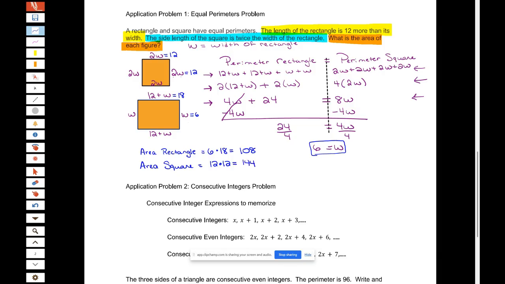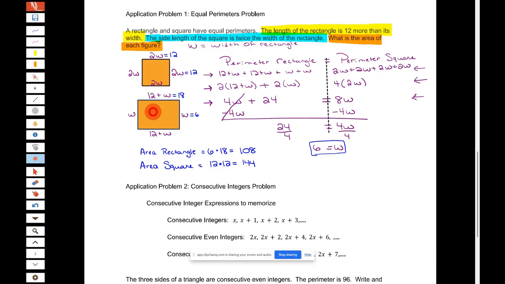Okay. They did not ask us to go back and find the perimeter, but let's just do a what if scenario. What if they did ask us for the perimeter? Well, for the rectangle, you would add 18 and 6, and then this side would be 18, and this side would be 6. So 18 and 18 is 36, and the left and right adds up to 12.